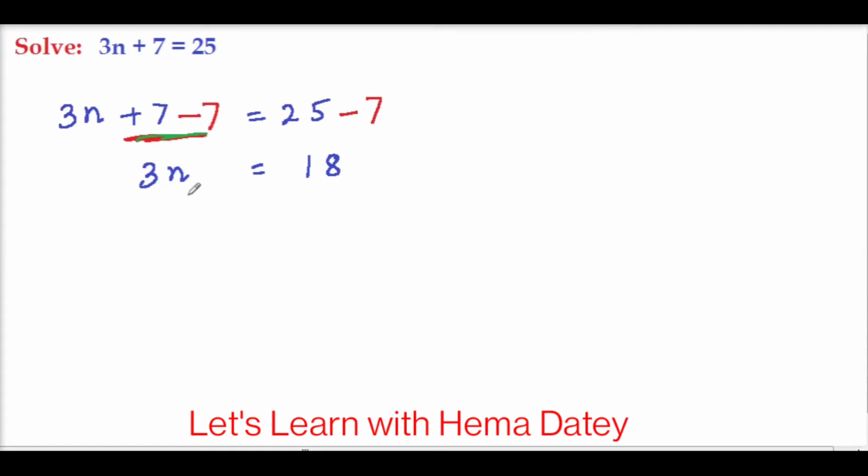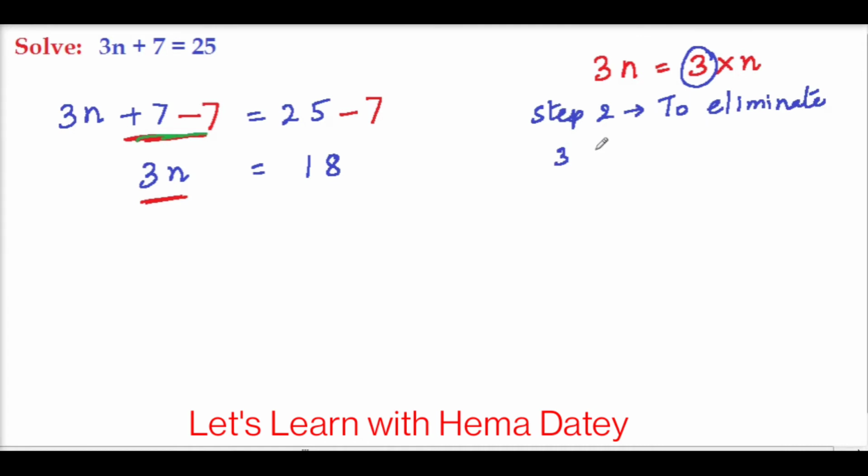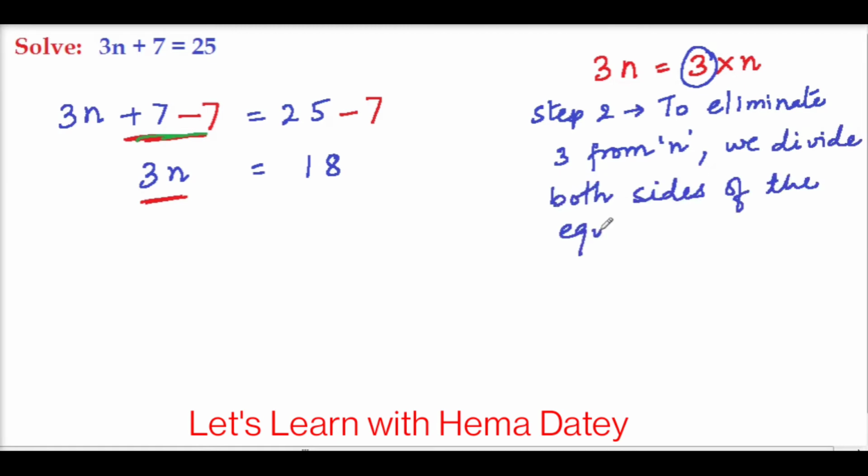Now we will separate 3 from the variable n. 3n means 3 times n, or 3 multiplied by n. So step 2, to eliminate 3 from n, we apply the opposite operation of multiplication, which is division. So we divide both sides of the equation by 3.